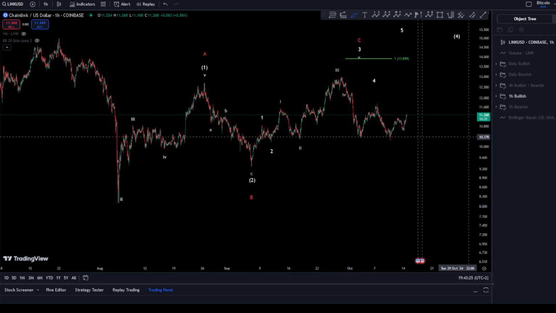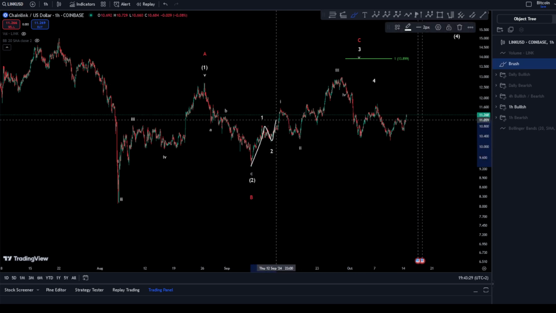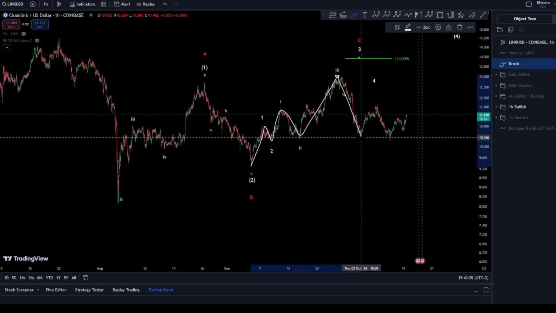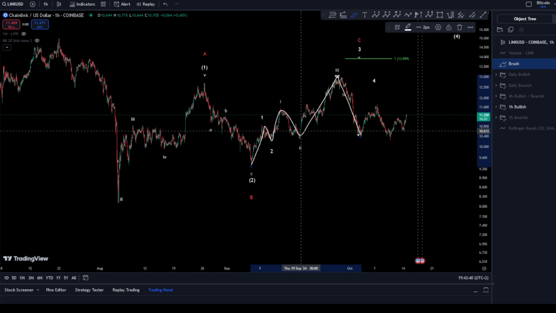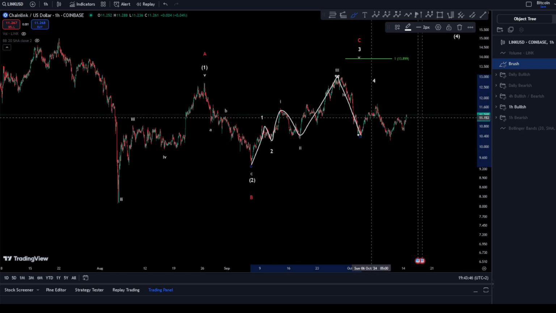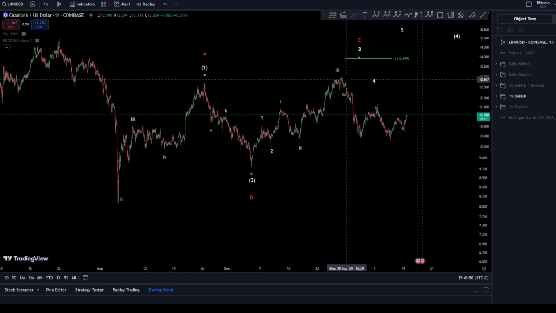In the bullish scenario of the 1 hour chart, look what happened. We were expecting a 1-2, 1-2, and then 3. It was very impulsive. However, your wave 4 has invalidated all the impulses. Both 1-2s have been invalidated. And so this is a very big signal for Link, of course a reversal signal.